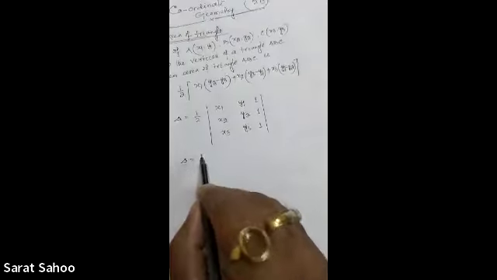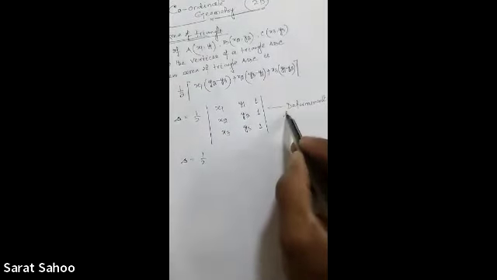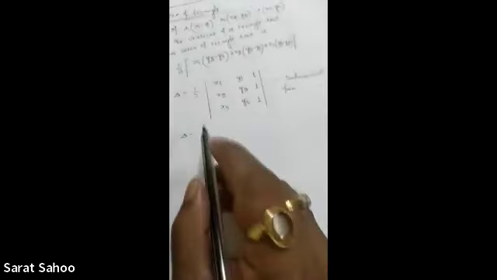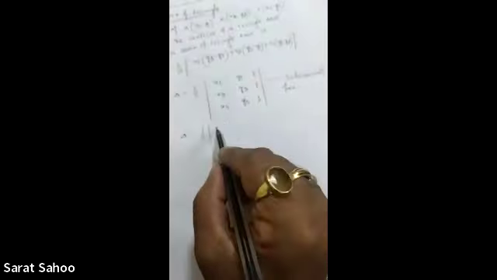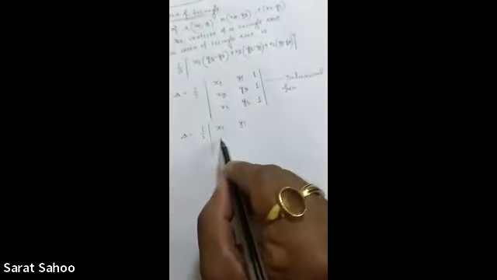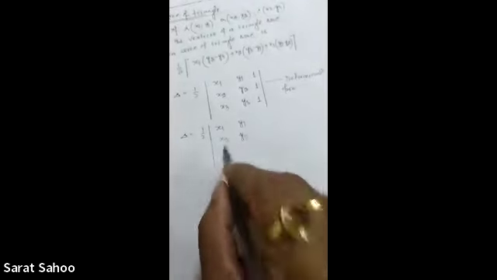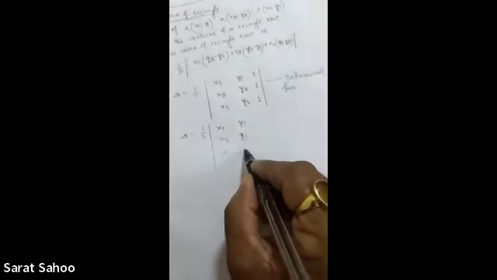In another form also, we can find the area delta is equal to half of, this is called determinant form. X1, Y1, X2, Y2, X3, Y3.